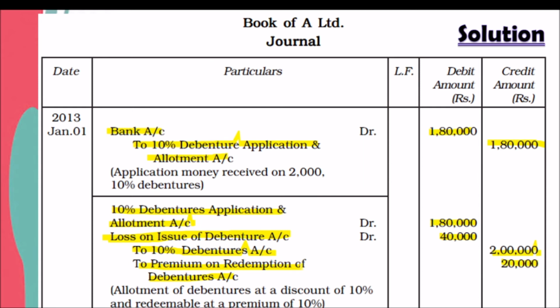It is issued at discount and redeemed at premium. So the loss amount will include the value of the discount plus premium on redemption.